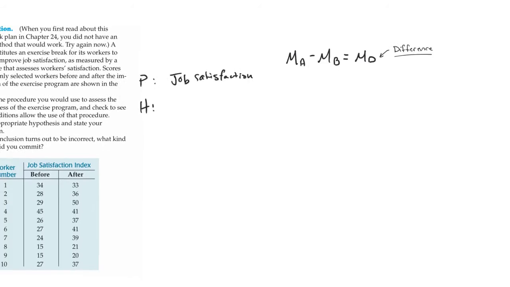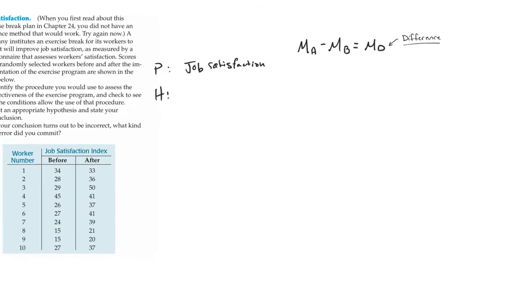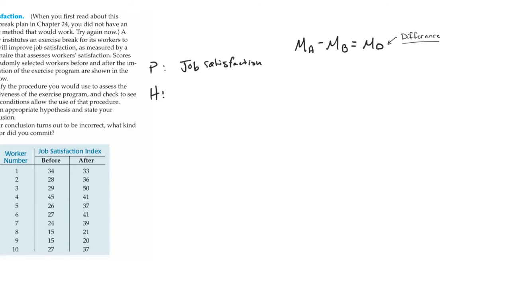And that's really important. A lot of people tend to try to do this with a 2-sample test where you say mu A is equal to mu B, and that's technically incorrect. So make sure we do it this way. The null for a matched pairs test is going to be mu D is equal to something. In this case, we're assuming that their before and after scores are the same, that the exercise program didn't help, right?